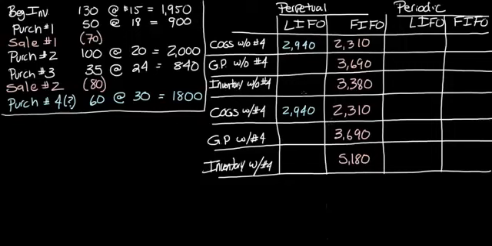My gross profit was $3,060. And my inventory without number 4 was $2,750, and my inventory with number 4 was $4,550.